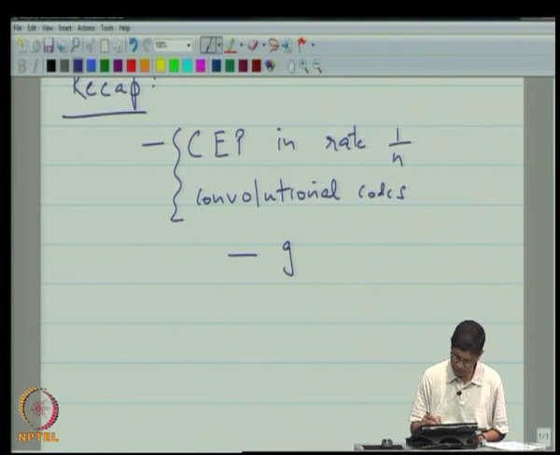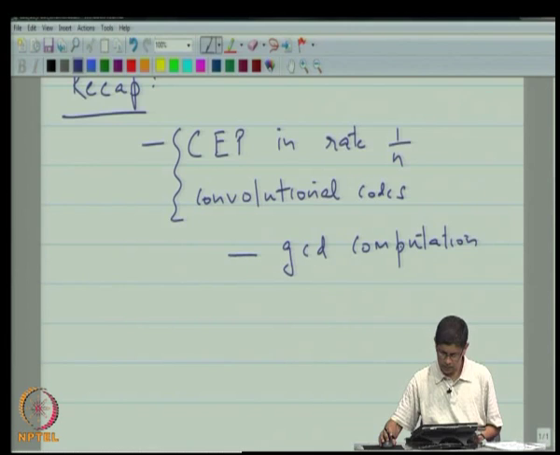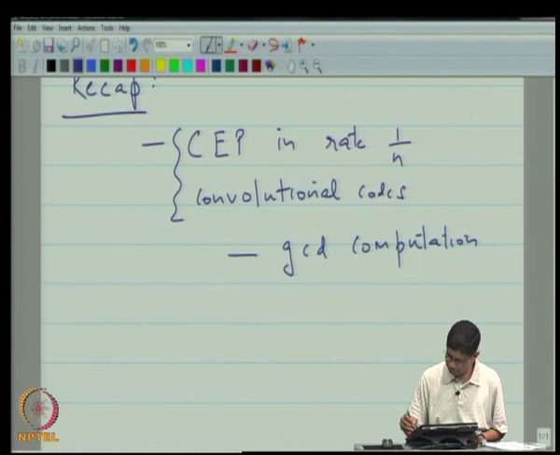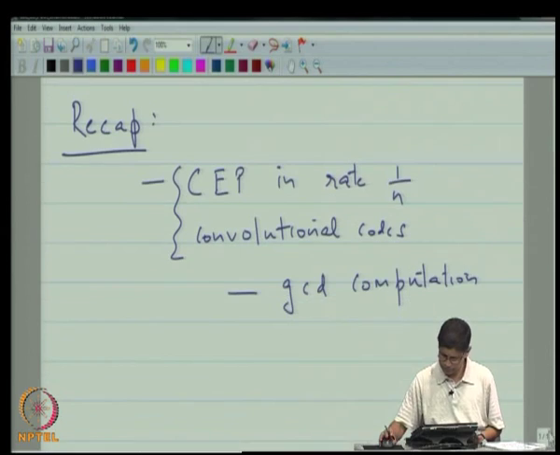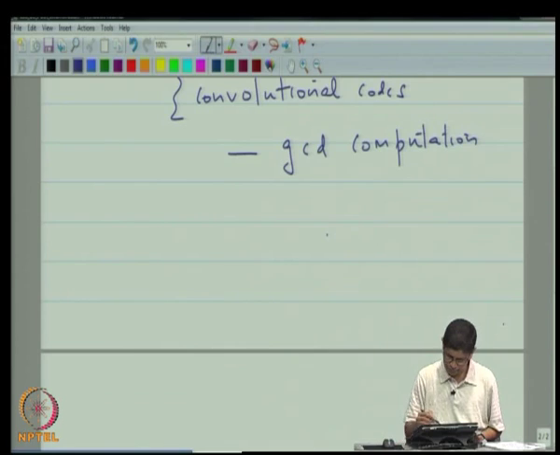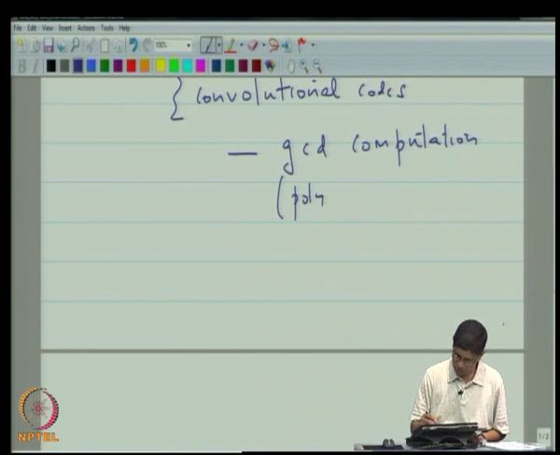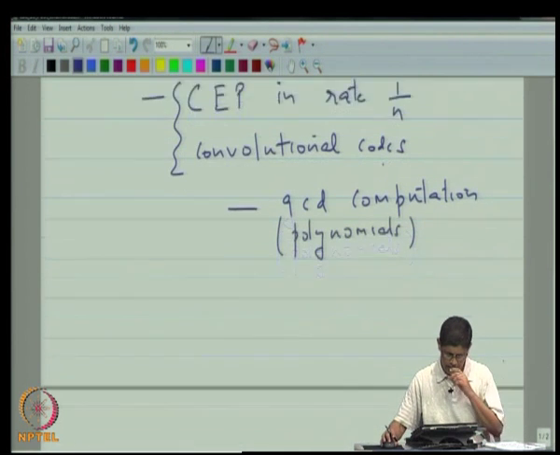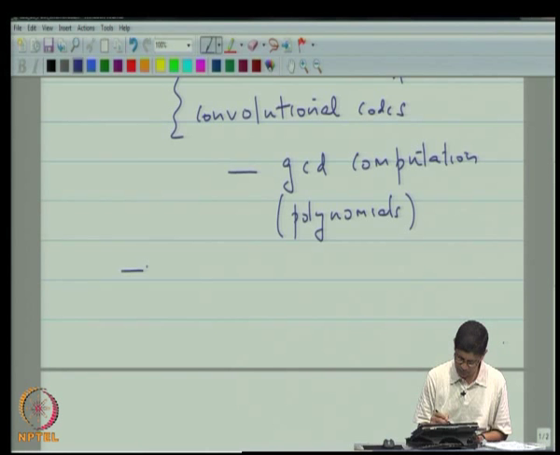As background, we developed GCD computation involving polynomials, and then towards the end I started talking about path enumeration in a convolutional code.